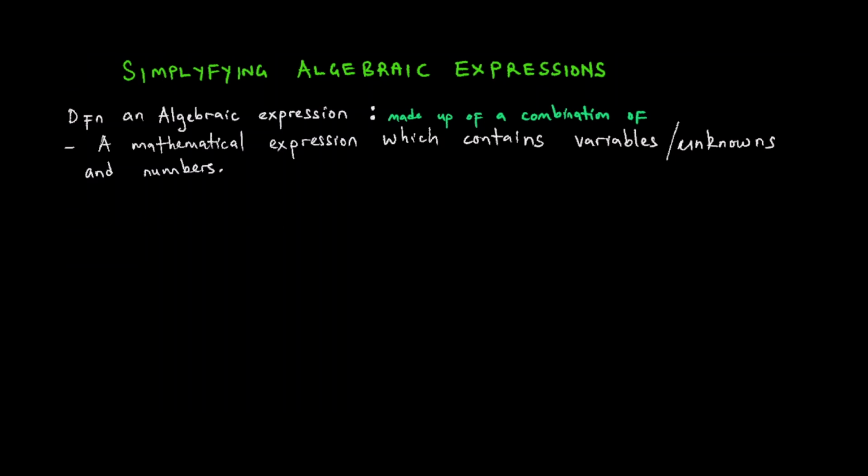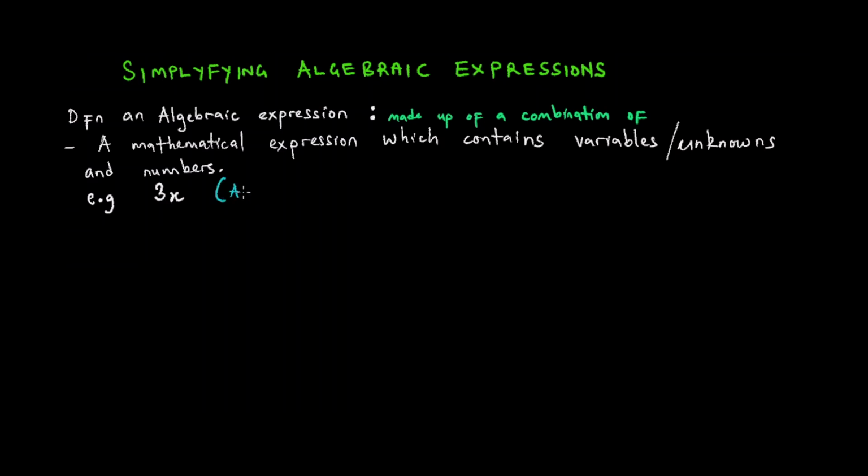Let me give a short list of examples, say 3x like so. This is an algebraic expression, even though if it is only 3x, we say it's a term.